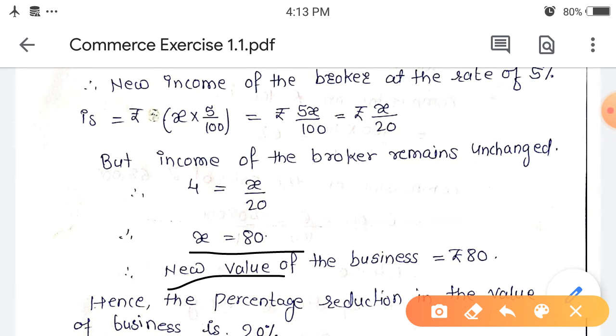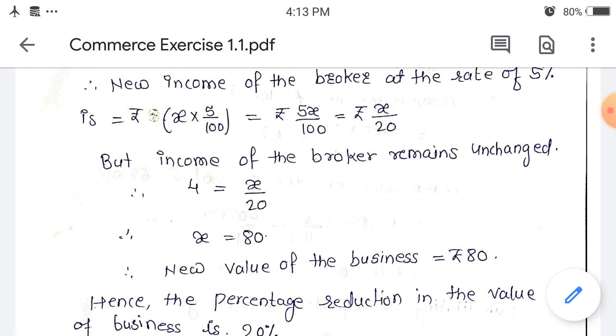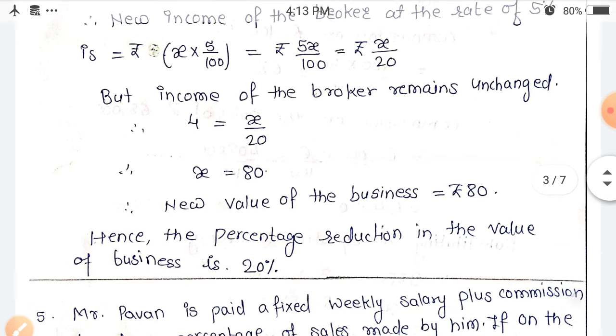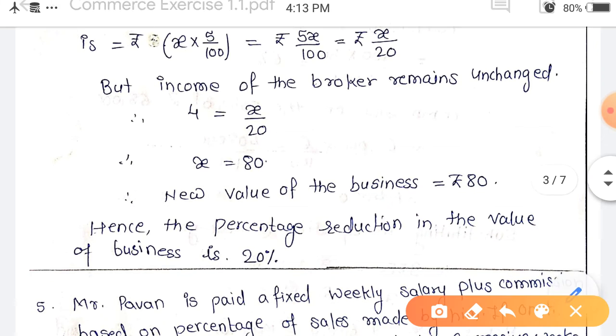So the new value of business is 80. So how much percentage reduction in the value of business? If the original or initial value is 100 and the new value is 80, then how much reduction in percentage? 20%. So your answer is 20%.